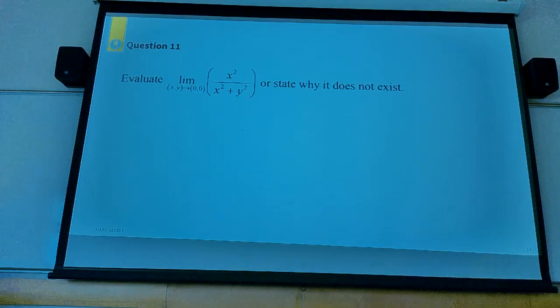Actually, there's two ways I could go about this. I think I'm going to go a different route. I see an x squared plus y squared. That's r squared in polar. Let's write this in polar. We're doing a change of variable.